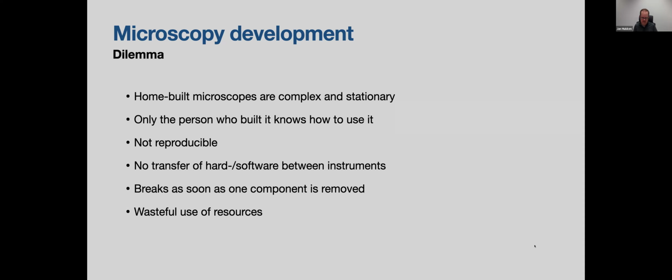So it can be very wasteful to always just build a new instrument, use it for a few experiments for your publication, and then there's just no way for you to reuse it in some meaningful way just in your own lab.